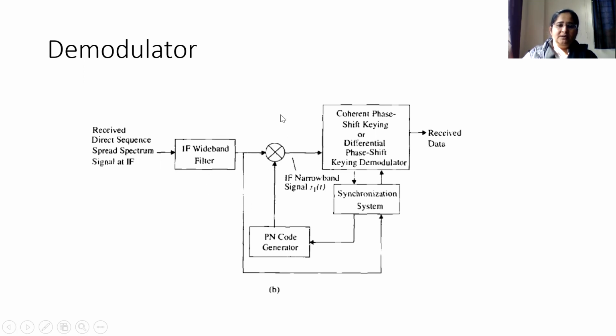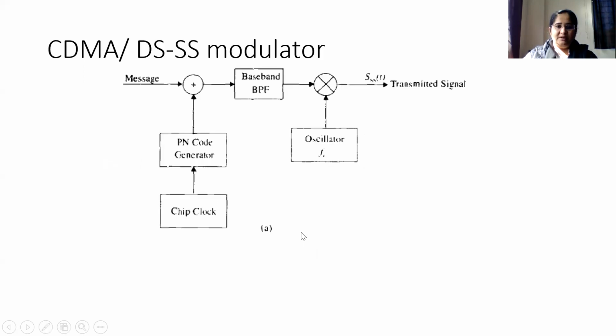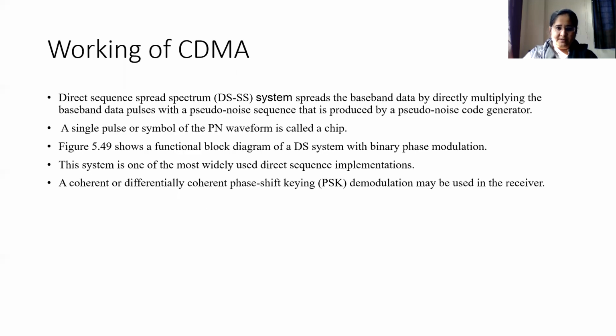After that, this signal comes to our receiver block diagram. In this, first we multiply our incoming signal by the PN code generator. This has the same sequence that we used on the transmission side. And this must be kept in synchronization for obtaining the correct, error-free signal.